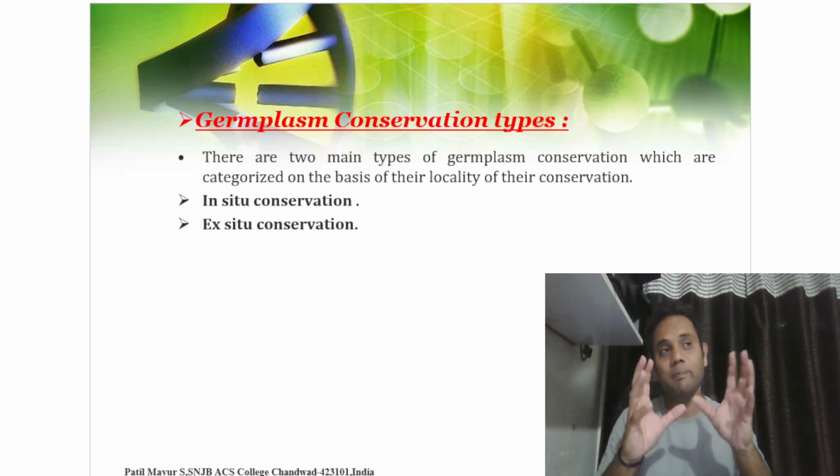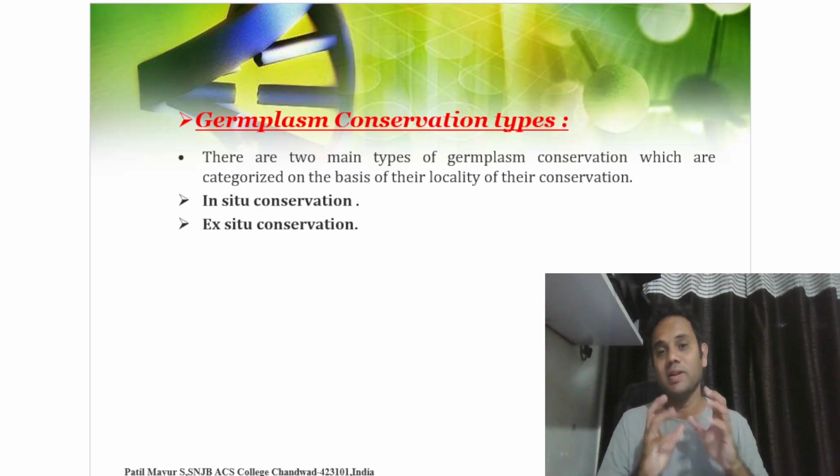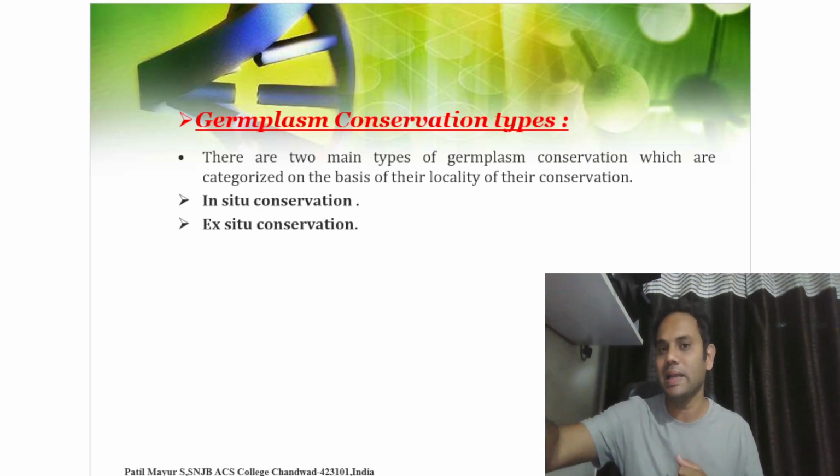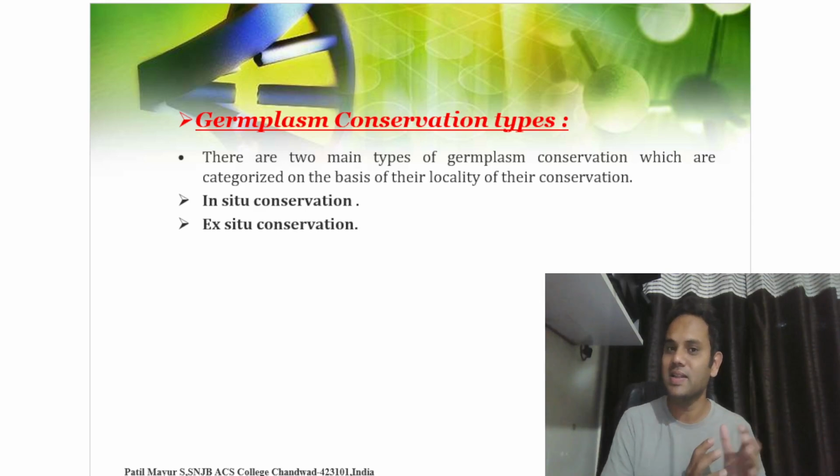And if we bring that plant from its original place and cultivate it in some other protected area, then it is not in its natural habitat but at some other place. In that scenario, that kind of germplasm conservation becomes ex situ conservation.